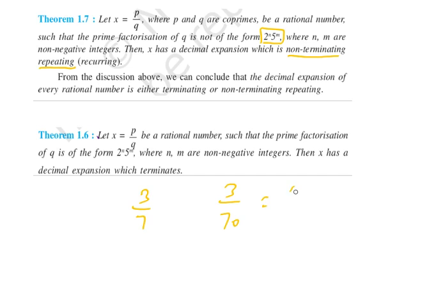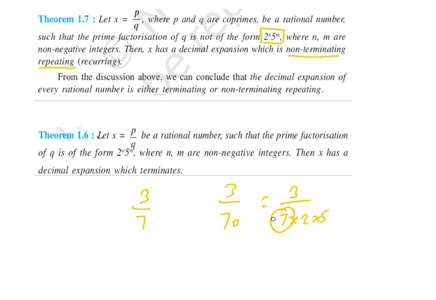Even though 70 we can write as 7 into 2 into 5, it has 2 and 5 in the denominator, and along with this we have 7. So, we should not have other prime numbers in the denominator. Other than 2 and 5, it should not come. If it is coming, definitely this kind of decimal expansion of a rational number will repeat.